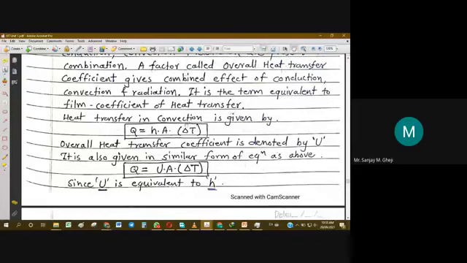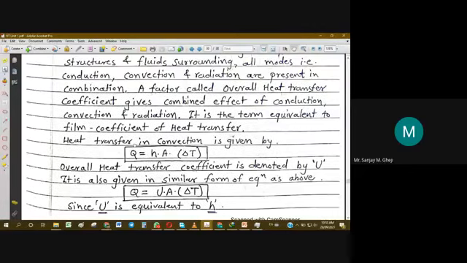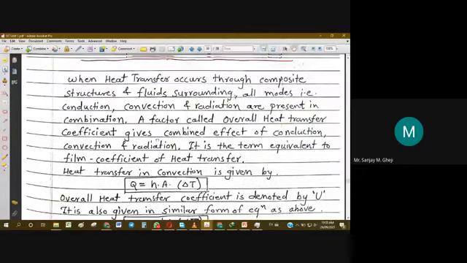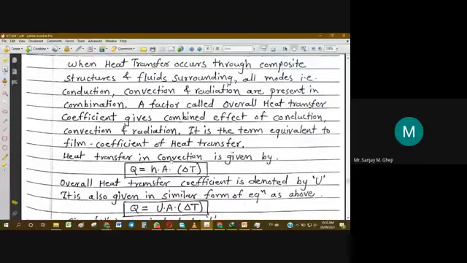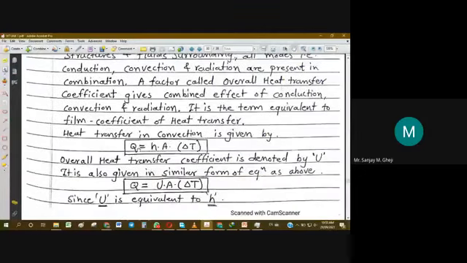Heat transfer by convection is given by Q is equal to HA delta T. To introduce overall heat transfer coefficient, we are making use of the same form of equation. When this coefficient is introduced, it is denoted by capital U. Capital U will be used for overall heat transfer coefficient. This heat transfer equation is written in the same form as convection: Q is equal to UA delta T.